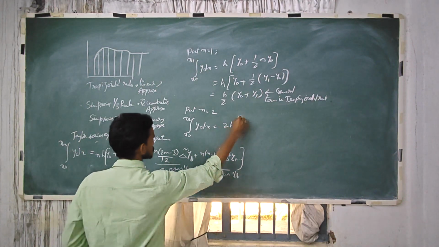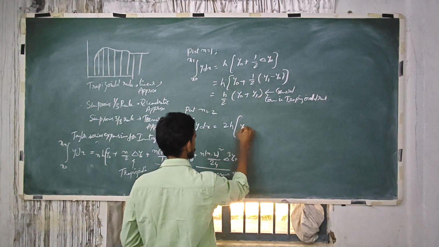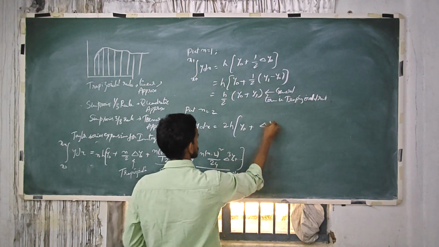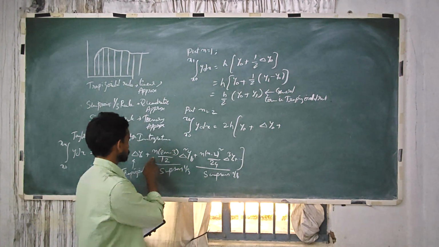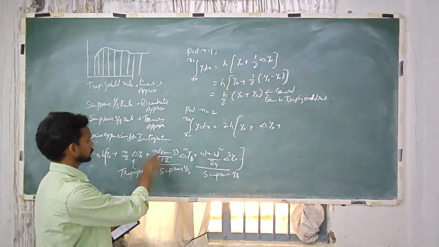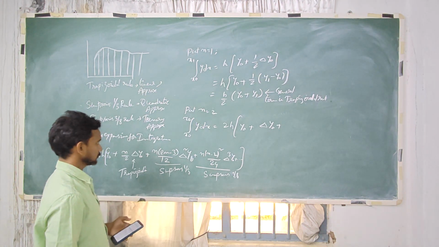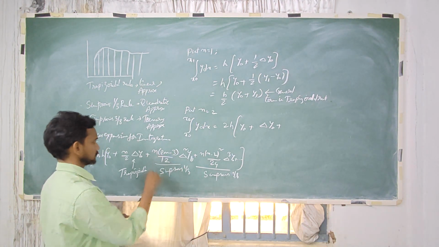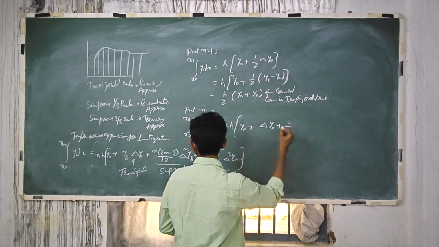You get 2h times y0 plus delta y0 plus delta square y0 times (2 by 3 minus 1 by 2), which is 4 minus 3 over 6, so 1 by 6.